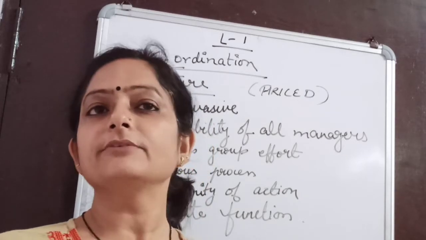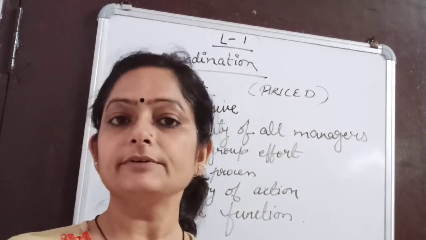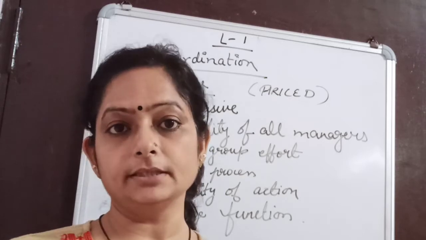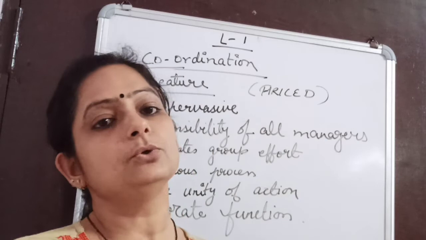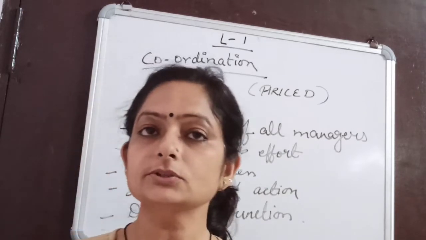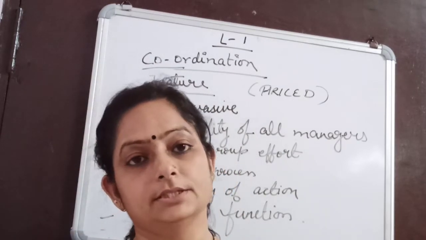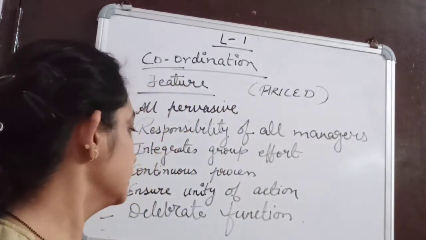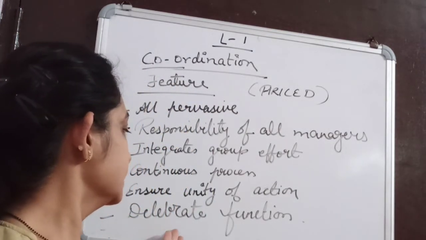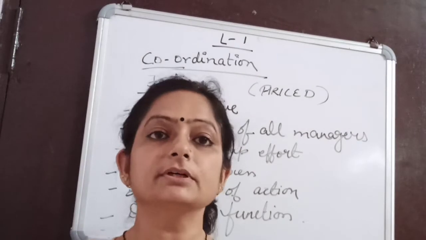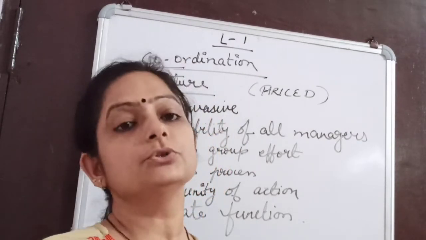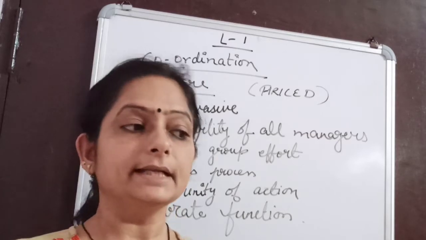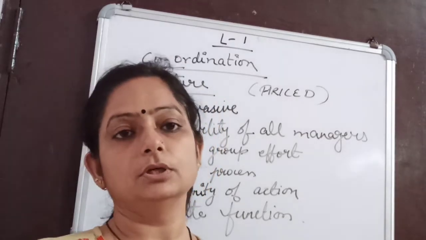Unity of action means that the activities of various departments or the functions are unified towards achieving the goals of the organization through coordination. Then the last point is that it is a deliberate function. Deliberate function means that no one is going to force you to follow this function. Deliberately you have to do coordination.